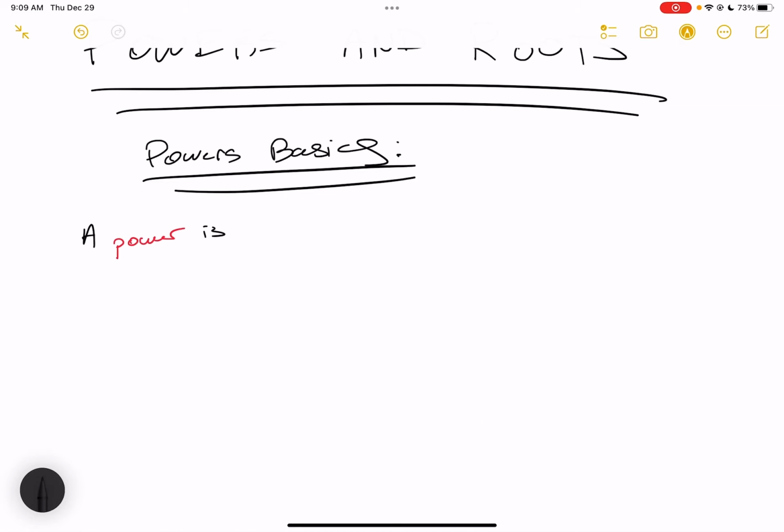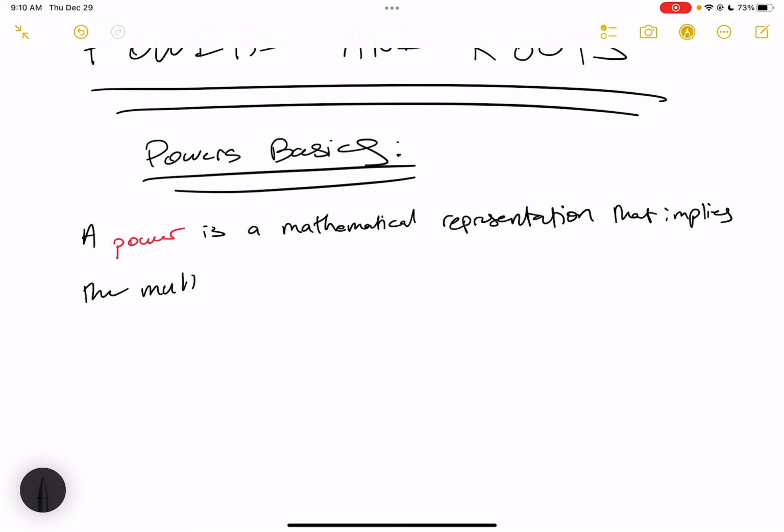is a mathematical representation that implies the multiplication of a number by itself a set number of times.